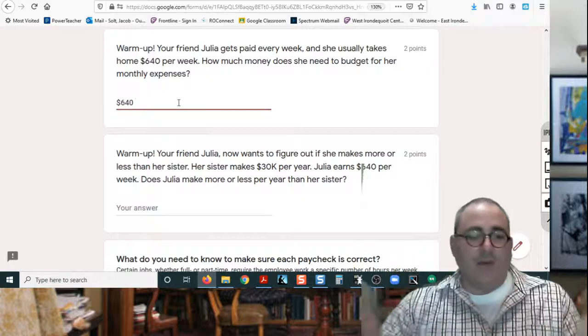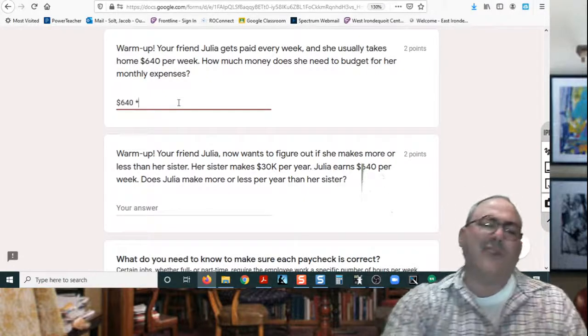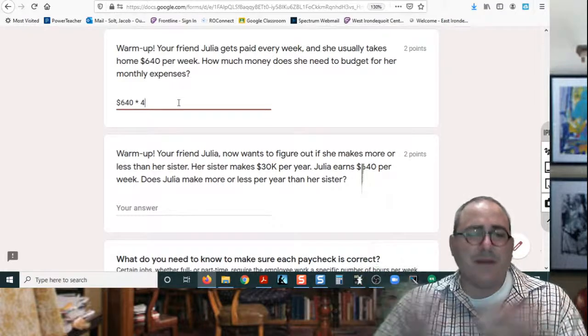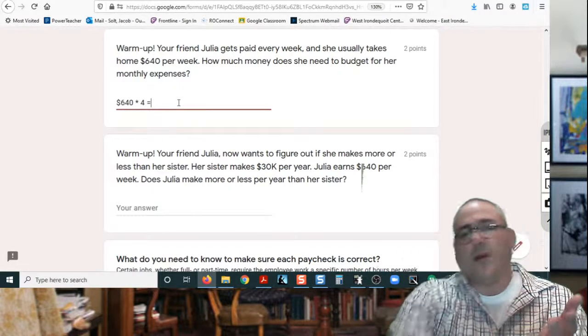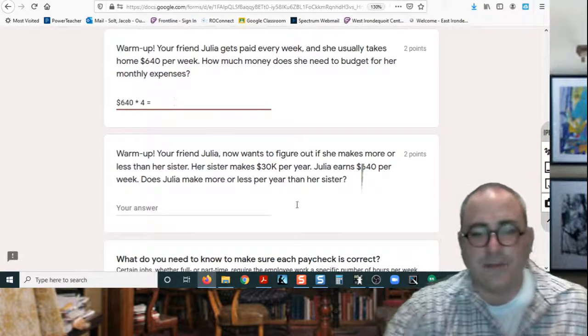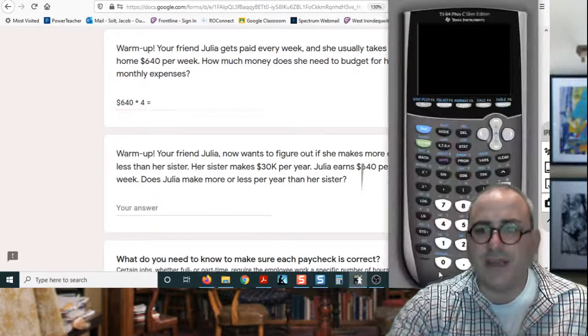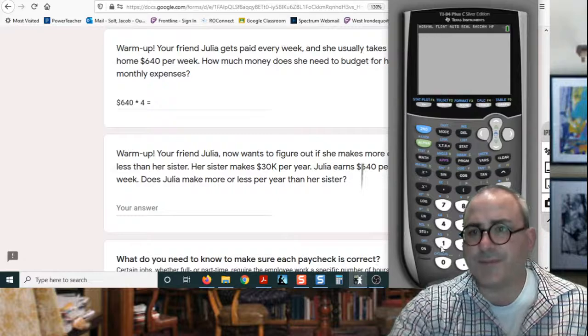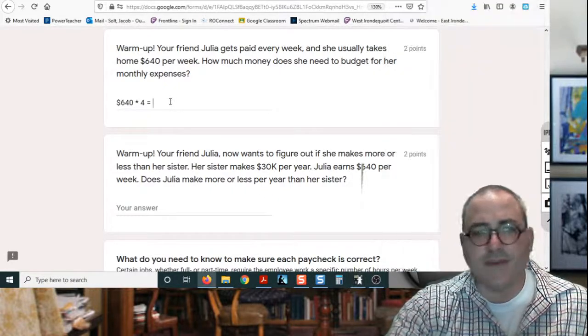One easy kind of way, shortcut, is to be like, I know there are about 4 weeks in a month. So I can just use the number 4. Multiply 640 by 4, and this will give me a number that's about what she should be budgeting for the month. 640 times 4 is 2,560.